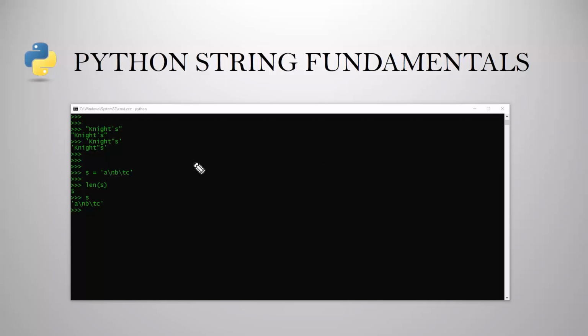Here are some common backslash characters used. Double backslash is used to represent a backslash. Then if you want to escape the quote, there is the single quote, and the same for double quotes.